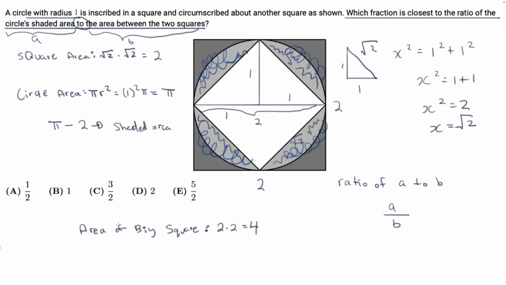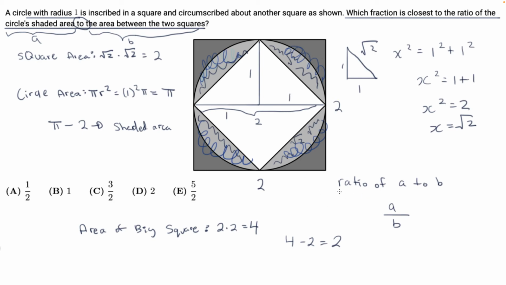To find that, we know that the area of the big square was 4, and the area of the small square is root 2 times root 2, which was 2. So we take 4 and subtract 2. So 2 is the area of these regions inside the big square.